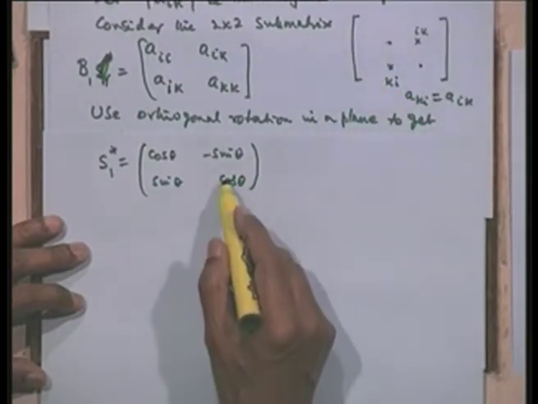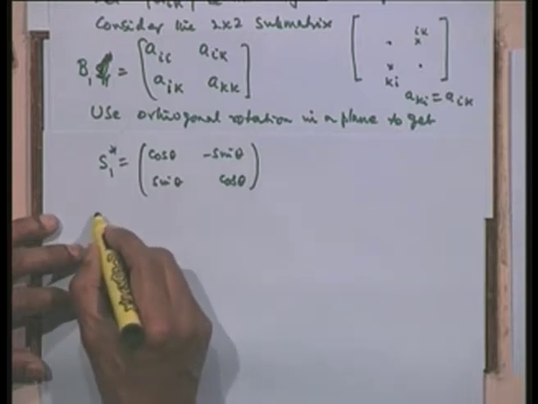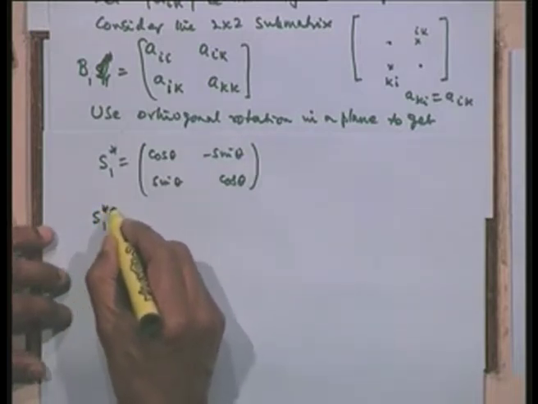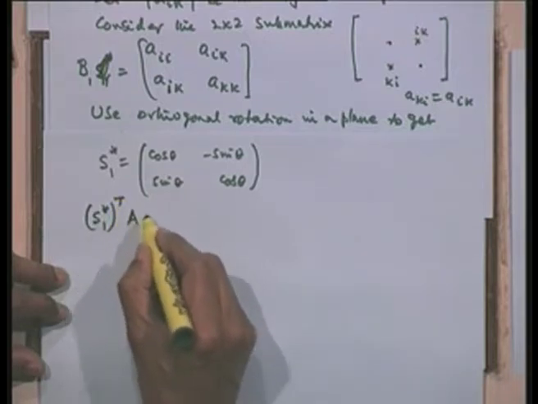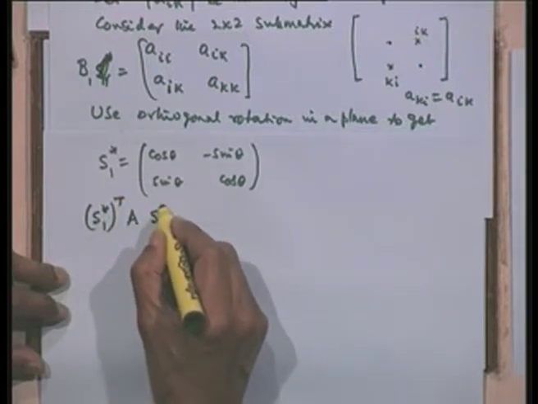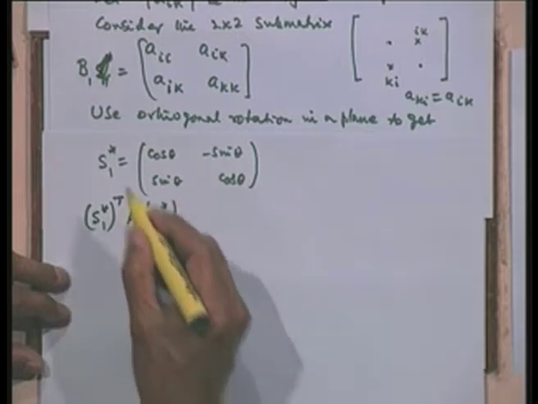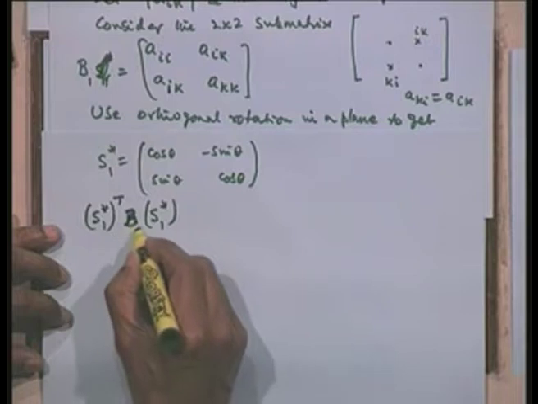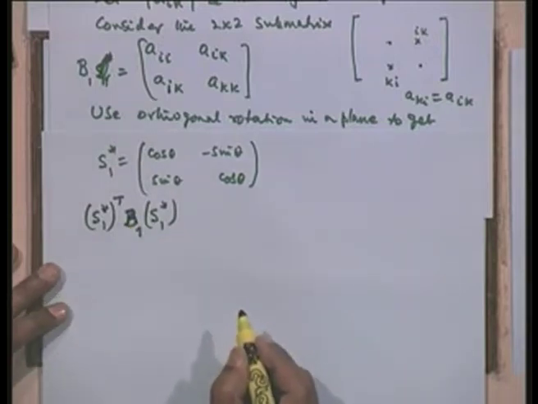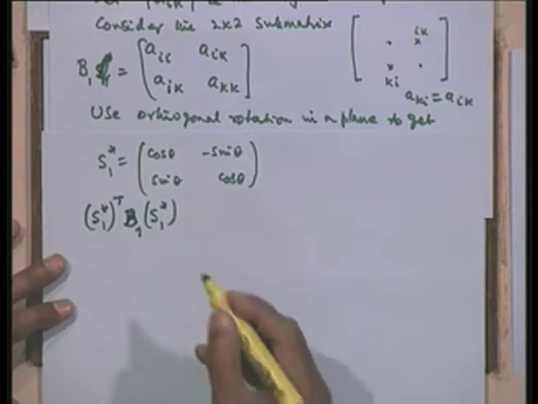So I want to find the value of theta. Now what is the similarity transformation? The similarity transformation is S1 inverse, here it is transpose, A S star, and here we are applying it on B1: S1 star transpose B1 S1 star.